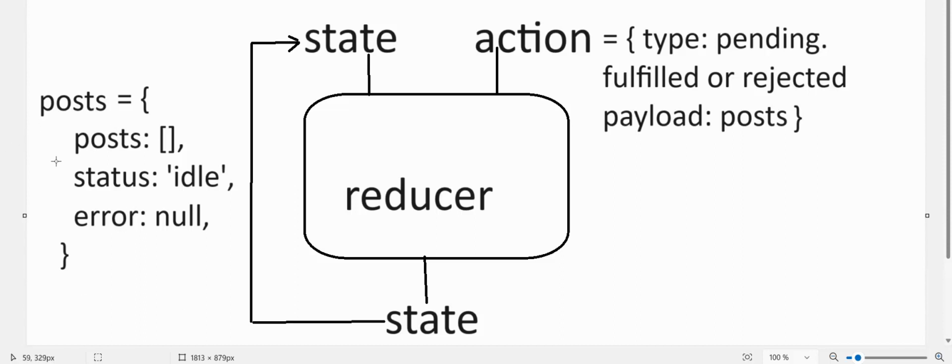This state, input state, is a copy of output state. It means that it is an object with properties post, status, error. But action is only about the properties of object state, of object post, the post array.